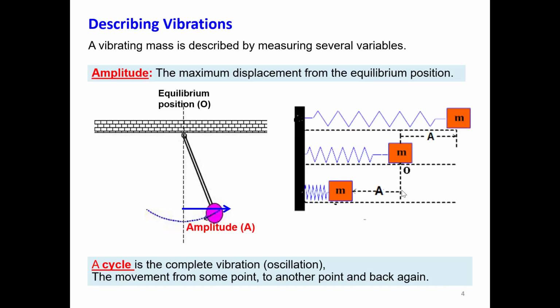Then what variables do we need to know if we want to describe any vibration? The first variable we want to study is the amplitude. The amplitude is the maximum displacement from the equilibrium position.